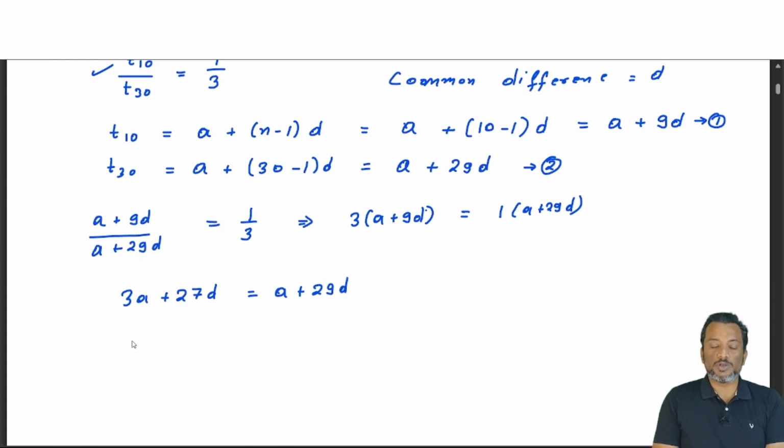Here we transpose the A from the right side to the left side, and the 27D from the left side to the right side. So 3A minus A, that is 2A, is equal to 29D minus 27D, which is 2D.